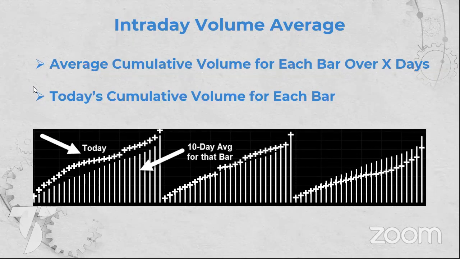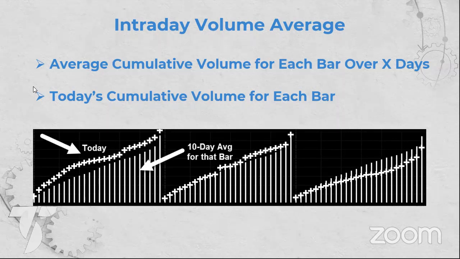So the average cumulative volume for any point on the chart is the histogram that you see here in these 3 graphs. That histogram is what the volume should be at that particular time during the day. In this case, we're averaging 10 days of volume for each of those time periods in the chart.